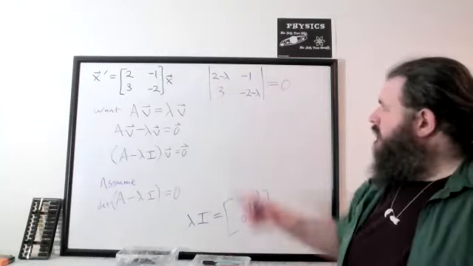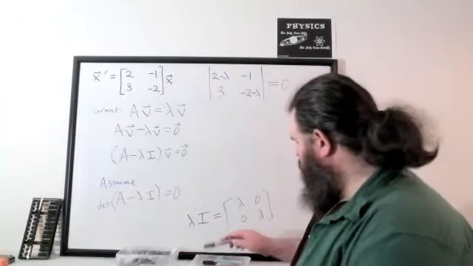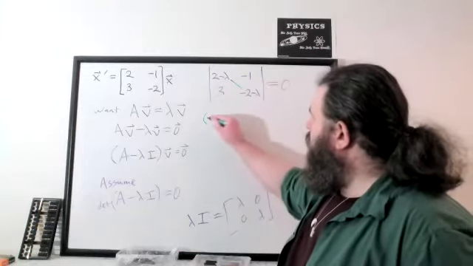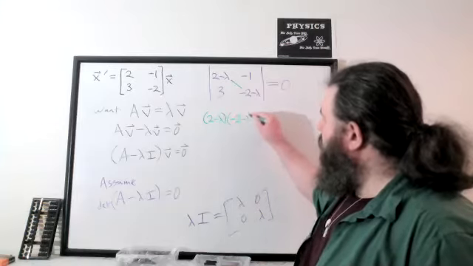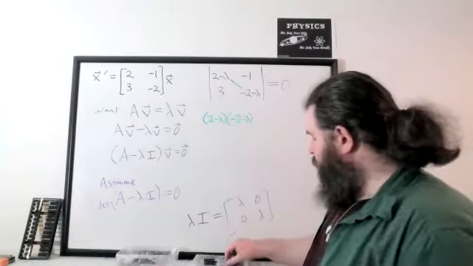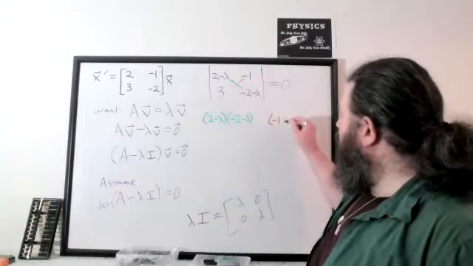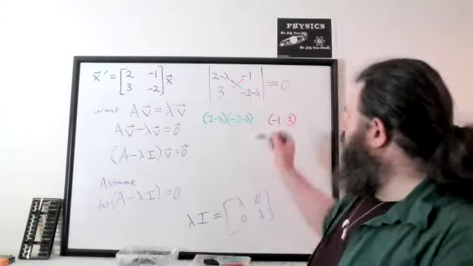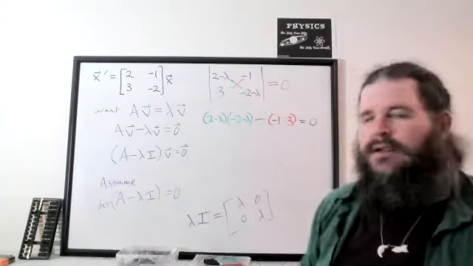Since it's 2 by 2, we can just multiply across the diagonals and subtract. So for this diagonal, we've got 2 minus lambda times -2 minus lambda. And for the other diagonal, we've got -1 times 3. We subtract those, set the result equal to 0, and let's see what we get.